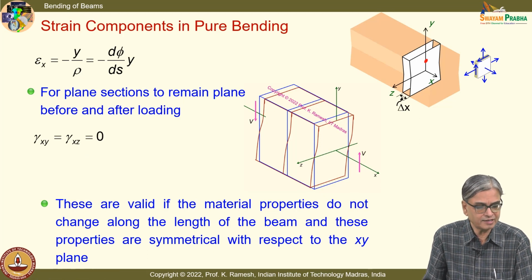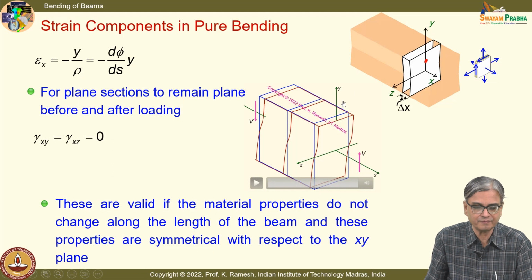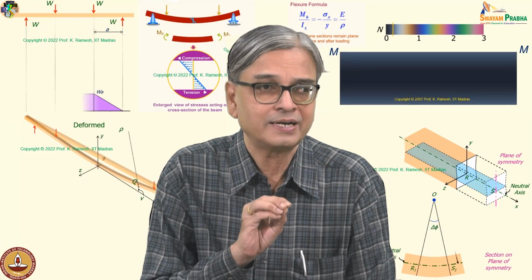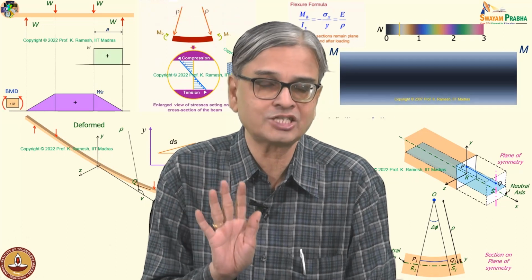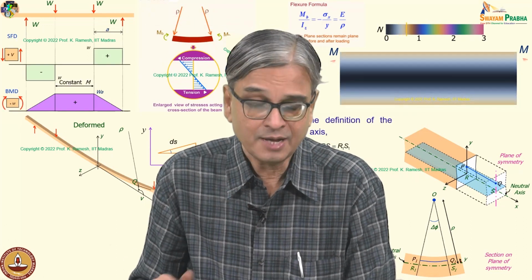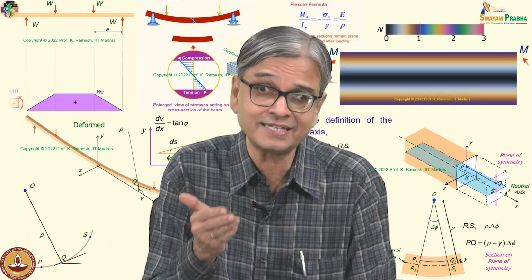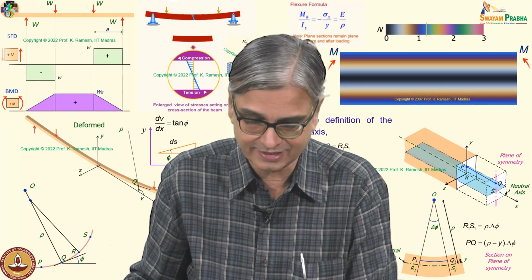And till this discussion, we were worried only about the cross section having xy as a plane of symmetry. We are not demanding anything more. It has to be symmetric about the xy plane. But still we have not used that symmetry in the mathematical sense. We will see where it affects in the mathematical sense.